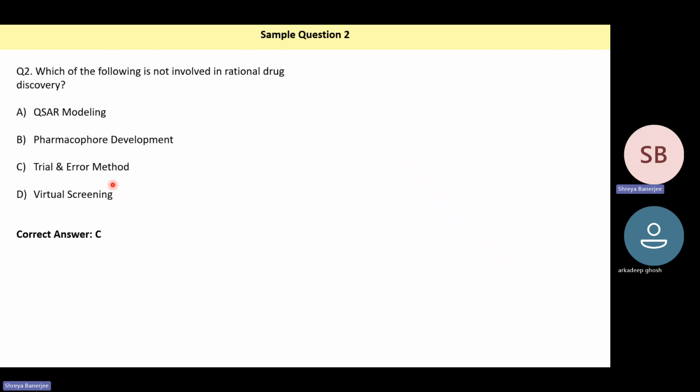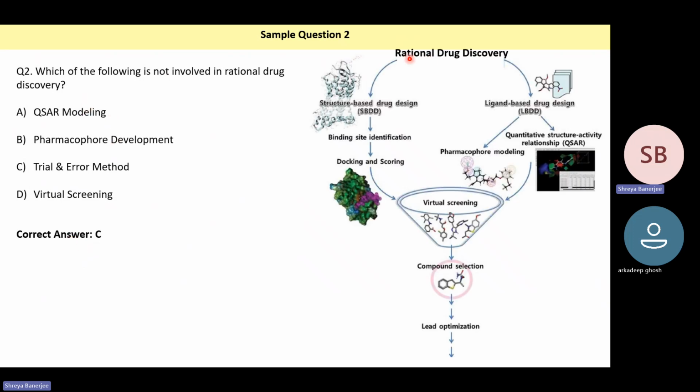We saw that trial and error method is part of the traditional drug discovery. Comparatively, the other methods are part of rational drug discovery. Now, rational drug discovery consists of two methods, the structure-based drug design or SBDD and the ligand-based drug design, LBDD.